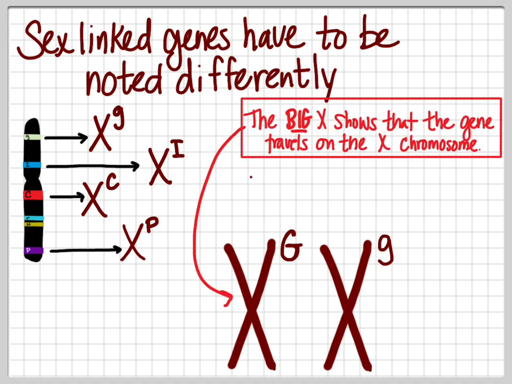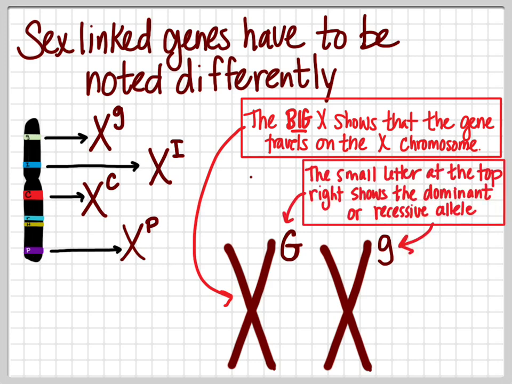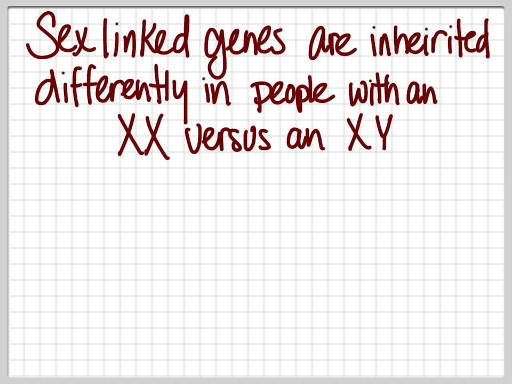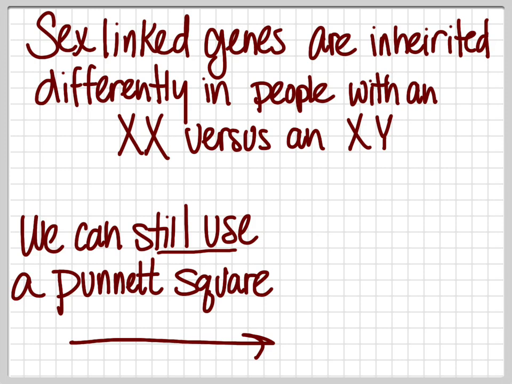The big X shows that this gene travels on the X chromosome. The small letter at the top right shows whether we're dealing with the dominant or recessive allele of that gene. So the thing is that sex-linked genes are inherited differently in people with an XX versus people with an XY. And we can still use a Punnett square.